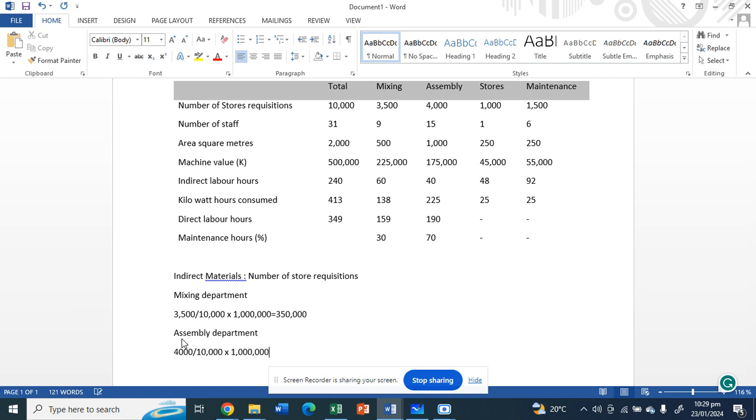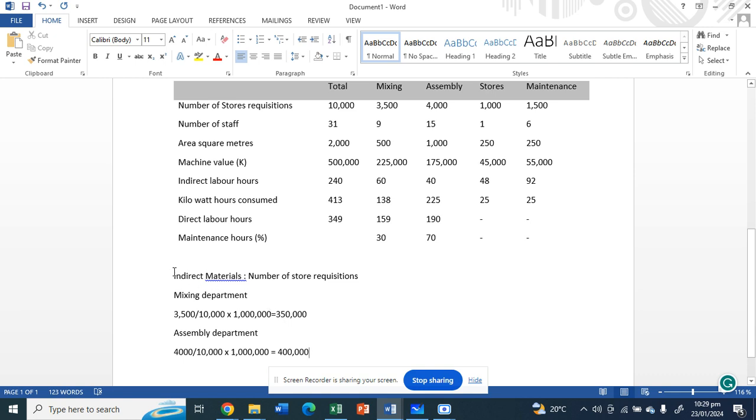So 4,000 divided by 10,000 is 0.4. 0.4 times 1 million is 400,000. So from the 1 million for indirect materials, 400,000 goes to the assembly department.